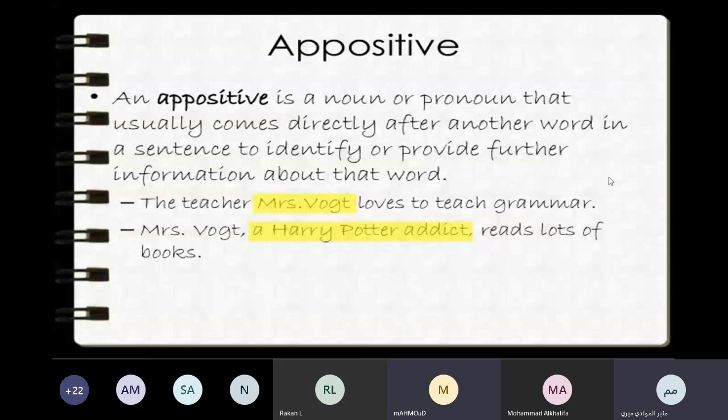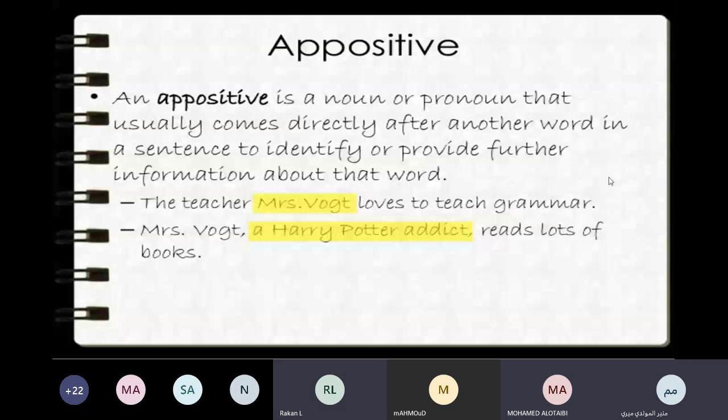Thank you so much. So here, when I say Miss Vaught, it is an appositive that identifies which word exactly in the sentence? Yes, teacher. So here, Miss Vaught, what does it identify?